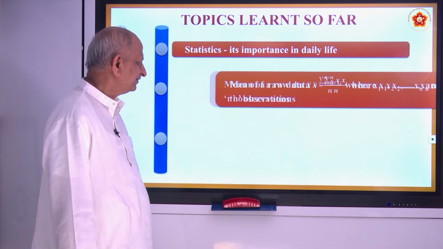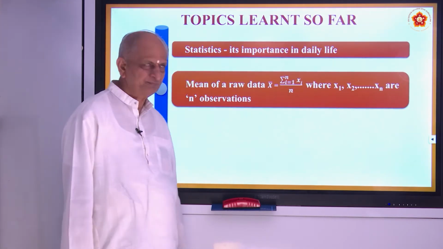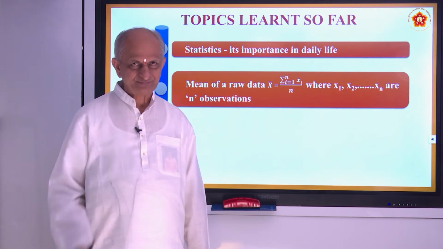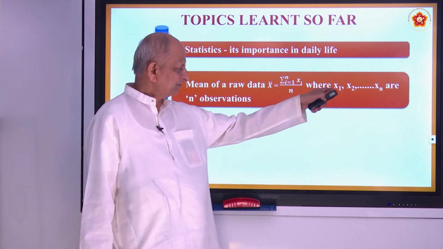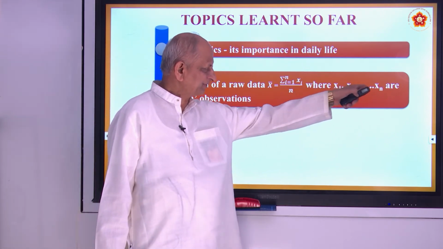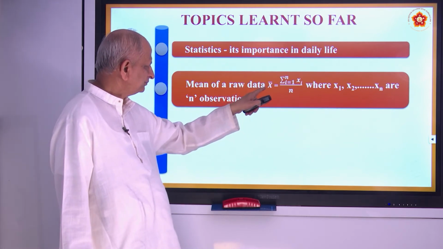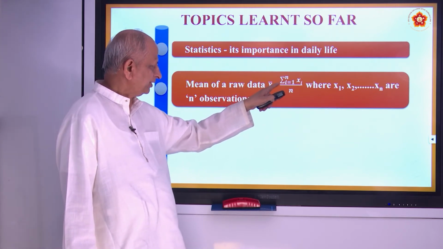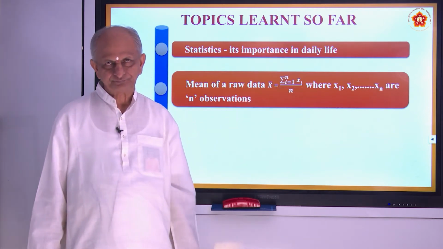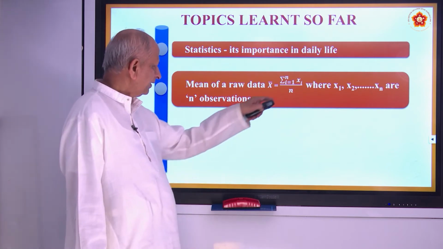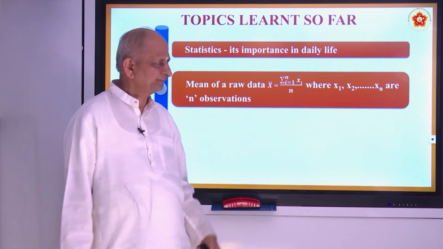All this, statistics plays a very important role. We have already seen what is meant by mean, also called average. Suppose you have numbers x1, x2, x3, etc. Its average is given by the formula x bar is equal to sigma xi by n, where i goes from 1 to n.